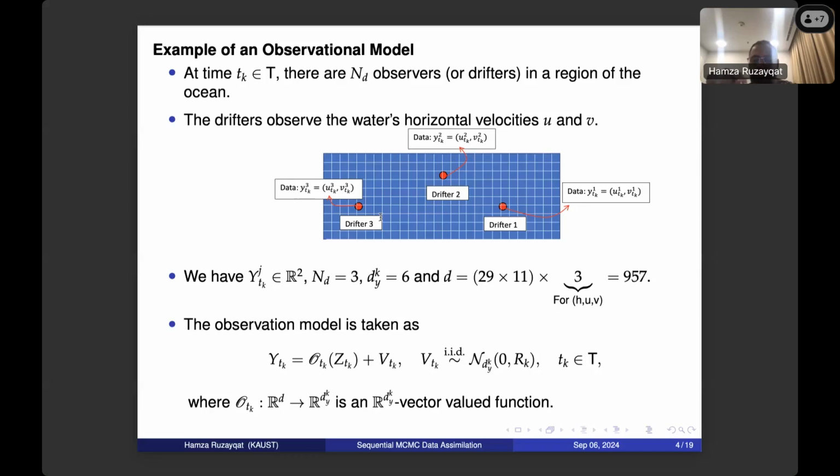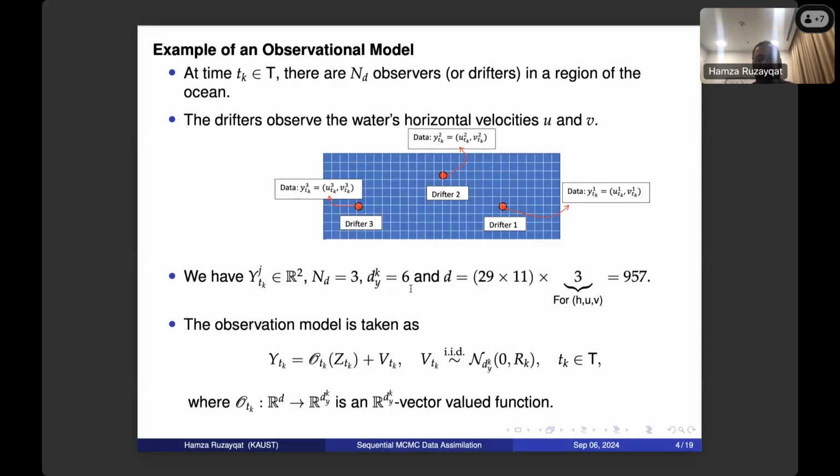Now, these drifters actually move with the water, so they move according to the hidden signal they're trying to infer, and therefore their positions are random. In this example, we have three drifters, as we see in the picture, and each of them observes the u and the v at their location.